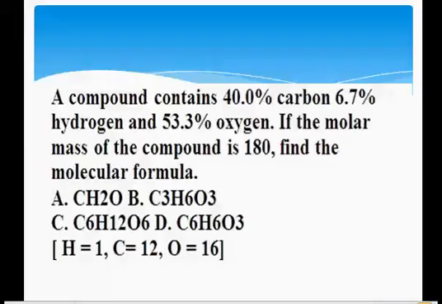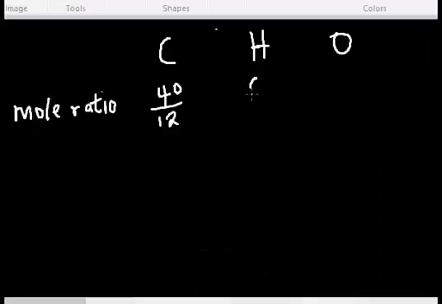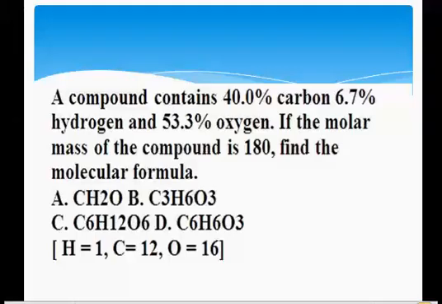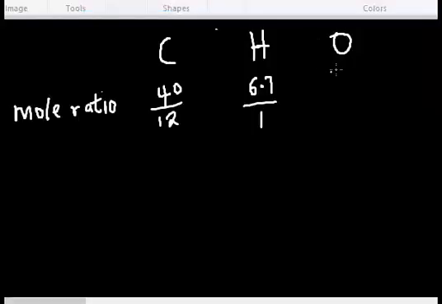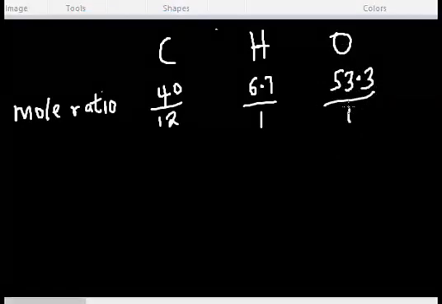That of hydrogen is 6.7, so I'm having 6.7 divided by 1. Then oxygen is 53.3, so I'm having 53.3 divided by 16.